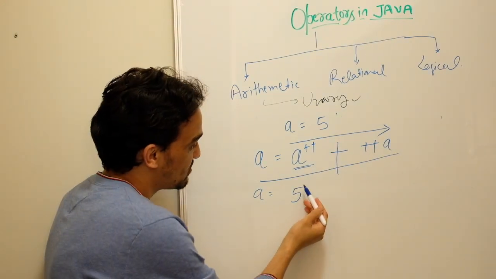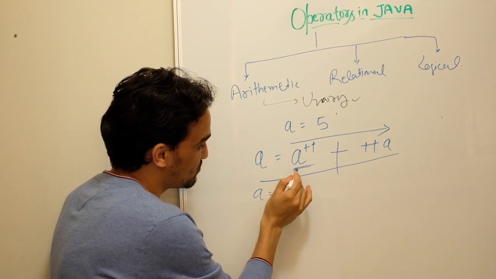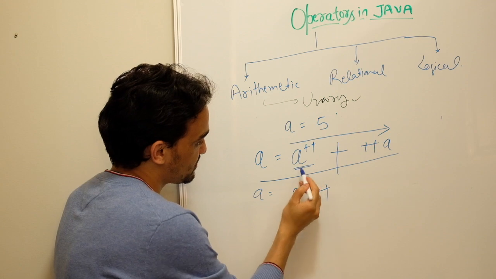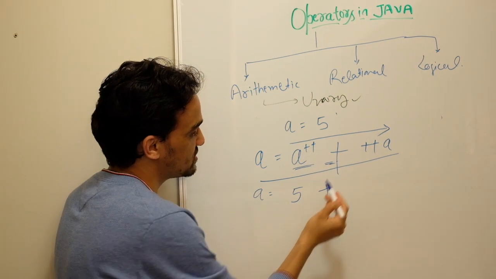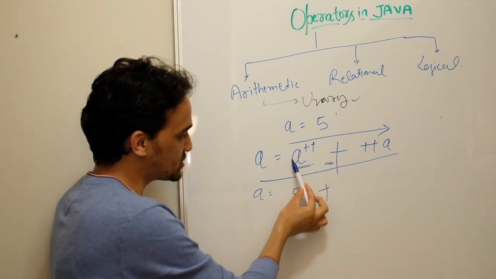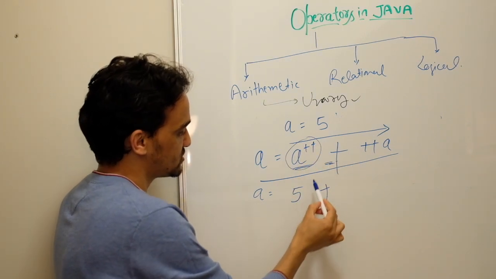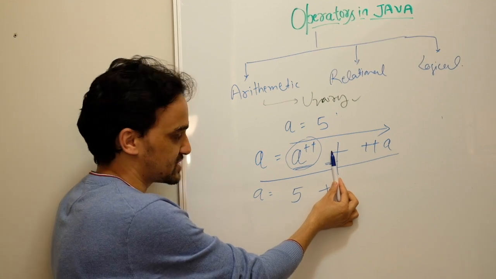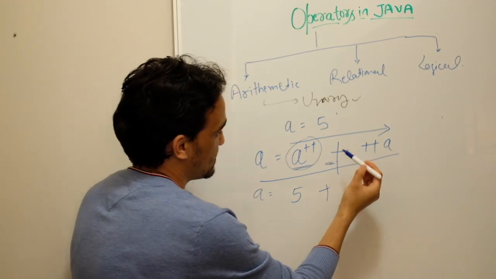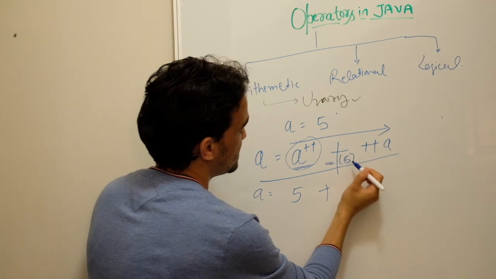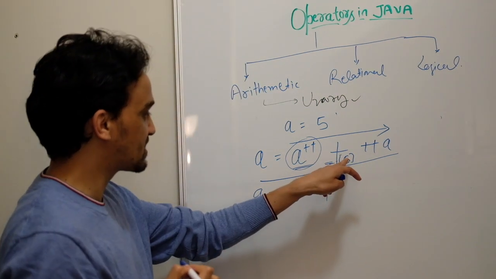But the moment the control moves forward beyond this, the A plus plus has already happened, so 5 becomes 6. A has already become 6.